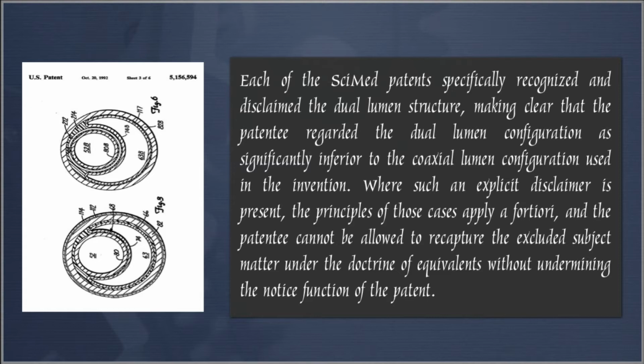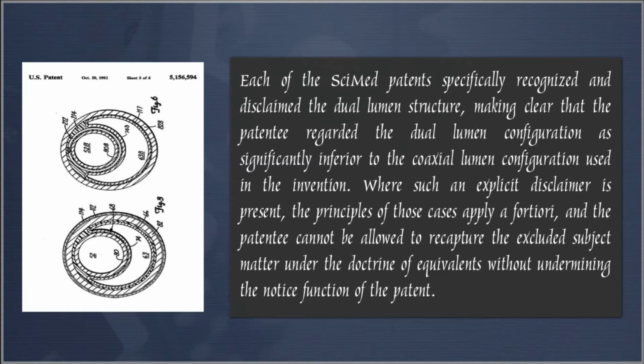What this means is the court, as a matter of law, has decided that SciMed cannot ask a jury to determine whether the dual lumen configurations in the accused infringing product are equivalent to the coaxial lumen configuration as claimed, because the patentee had disclaimed those dual lumen configurations in the specification of their patent.